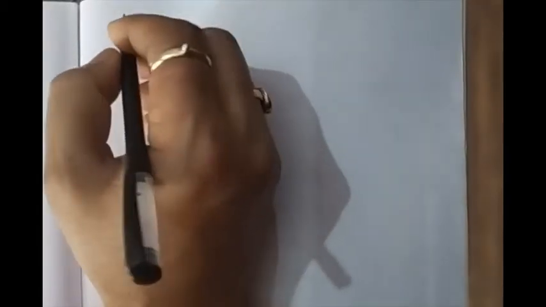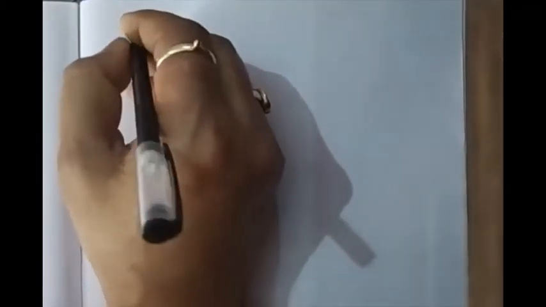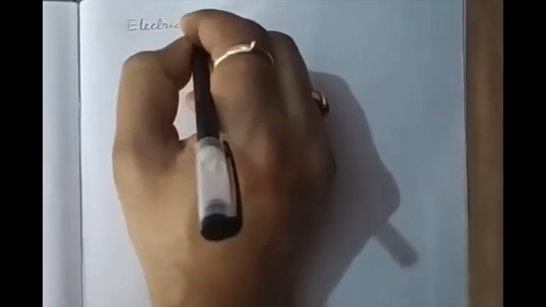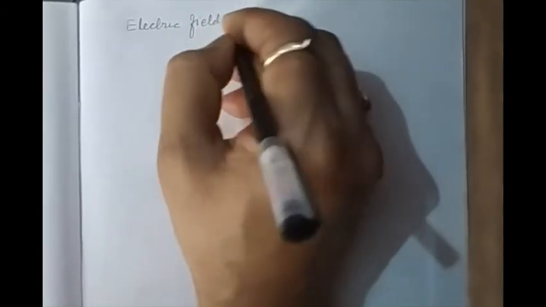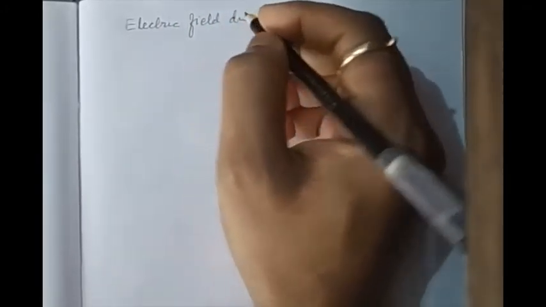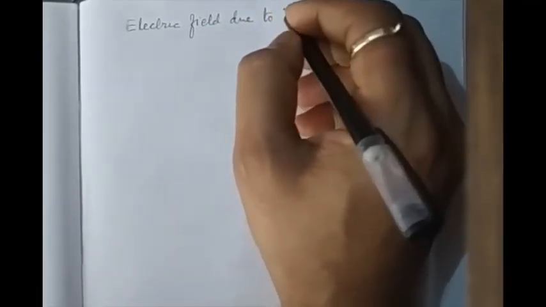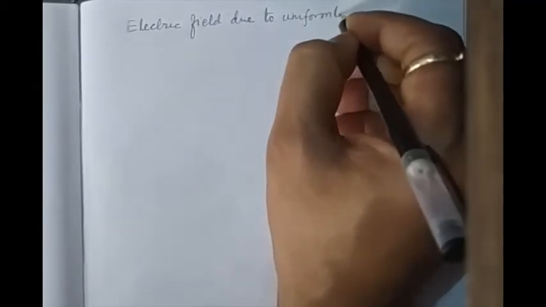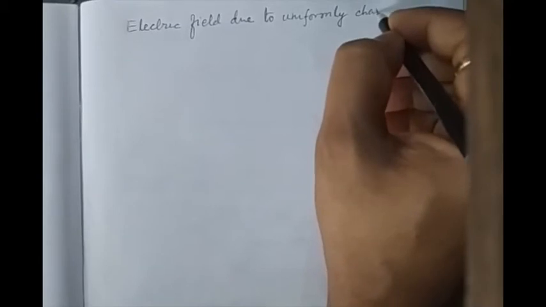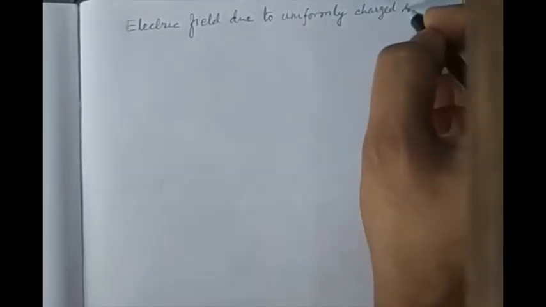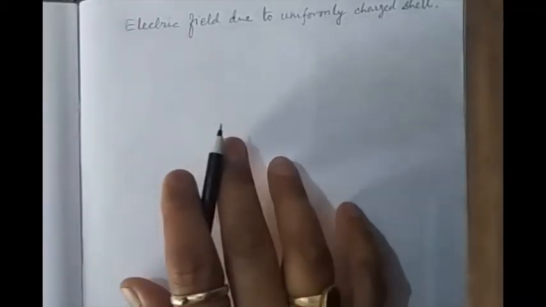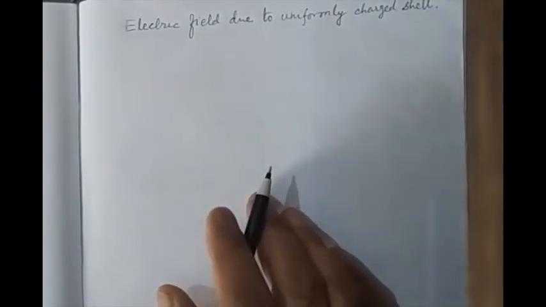Now we will find the electric field due to a uniformly charged cell, that is hollow sphere, at every point near the hollow sphere or cell.